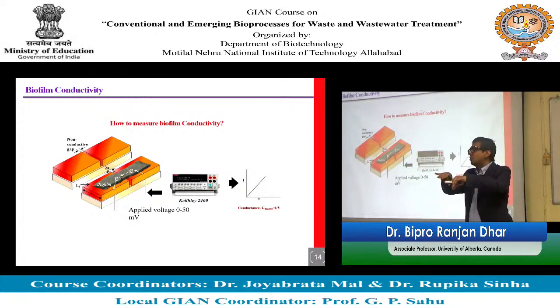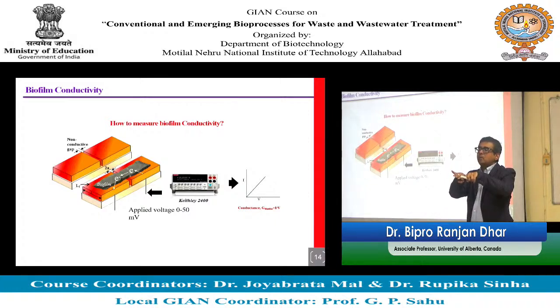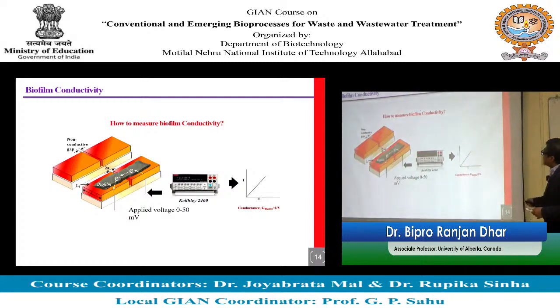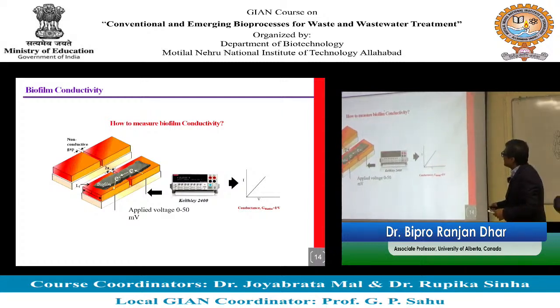Let's say 4 or 5 micrometer, right? So that non-conductive gap is about 25 to 50 micrometer. But when microbes form biofilm, they can actually cover that gap as well. So although it looks like one electrode, you have two electrodes.